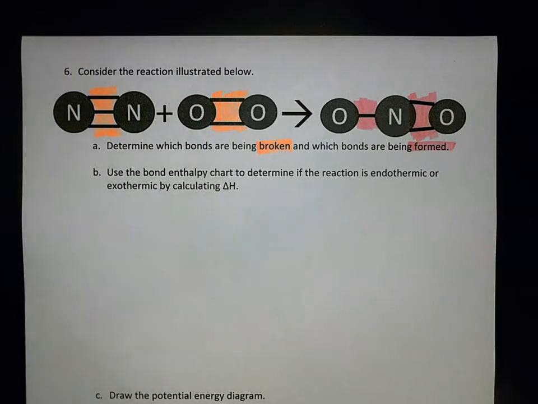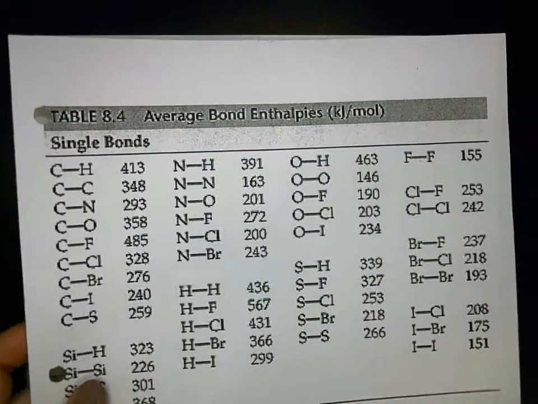Next question asks us to use this information in order to determine if the reaction is going to be overall endothermic or exothermic. So this is where we'll need to look at our bond enthalpy sheet. So this sheet has all of the bond enthalpies, and it lets you know if they're single or double bonds and what's going on. So we're going to refer to this.